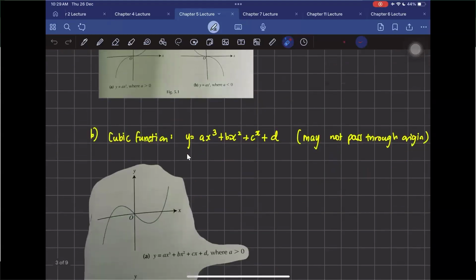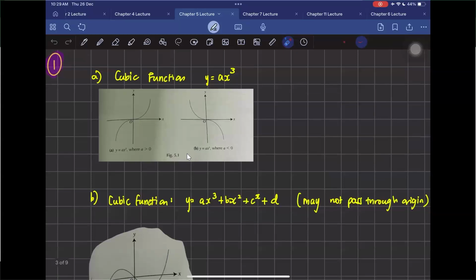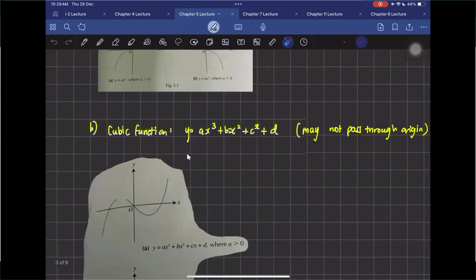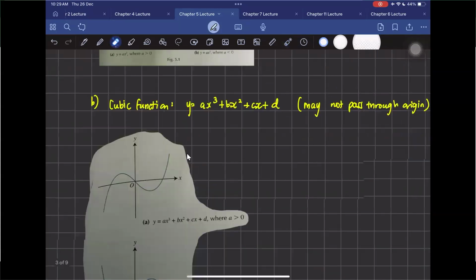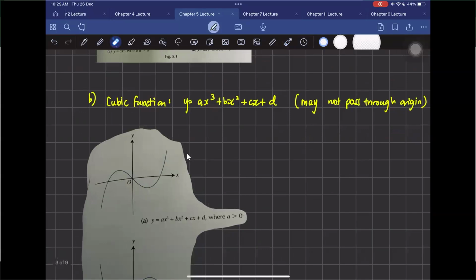So this is just for a cubic function where it's just ax cubed, so it will intersect the origin because there's no y-intercept. However, if you have a cubic function which goes ax cubed plus bx squared plus cx plus d, then your equation may not pass through the origin.